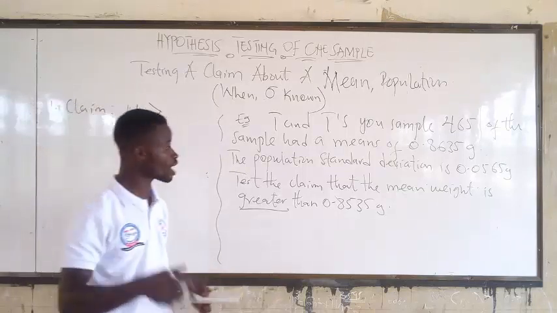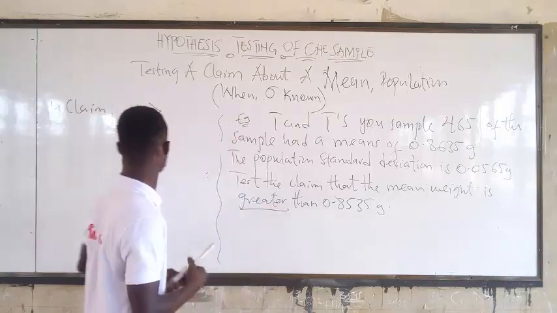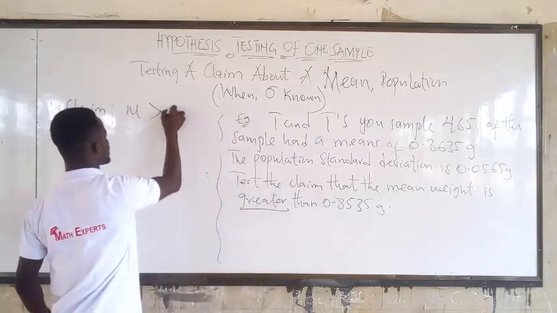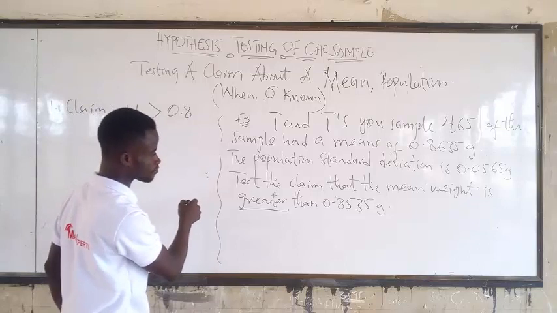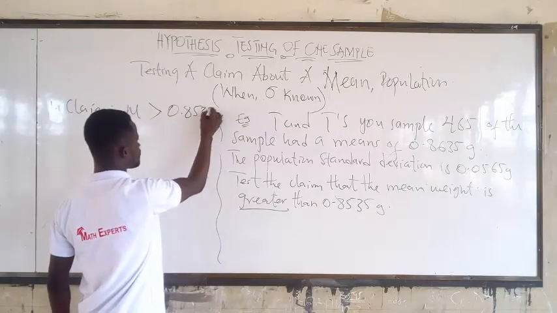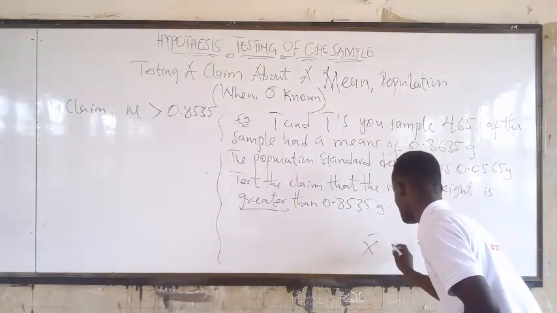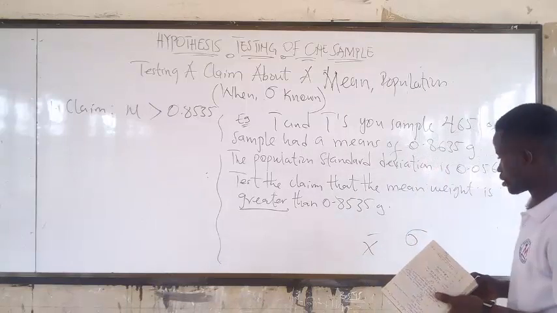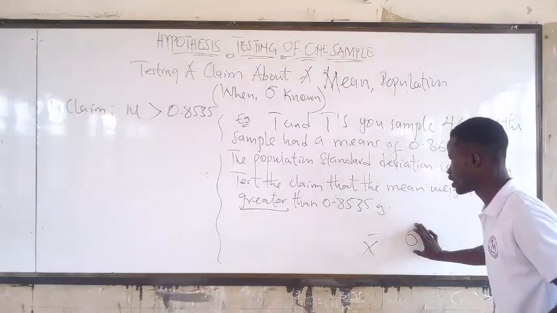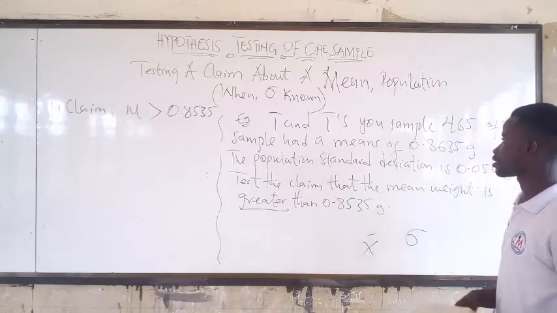Oh, sorry, this is the mean, right? So it's greater than 0.8535. Let me explain something to you. We have the X bar, and we have this, which is the population standard deviation. And this one is the point estimate for the mean, right?